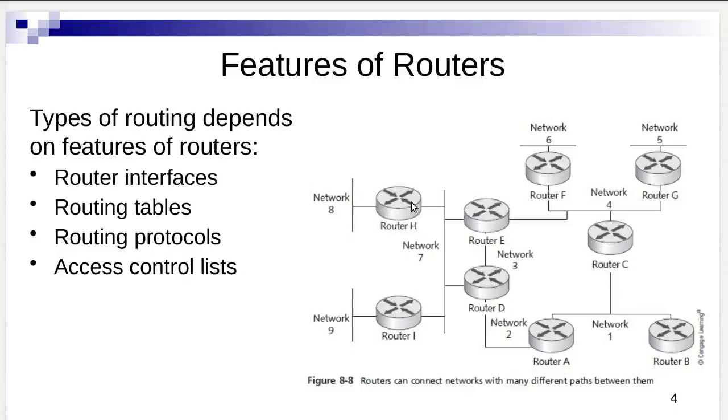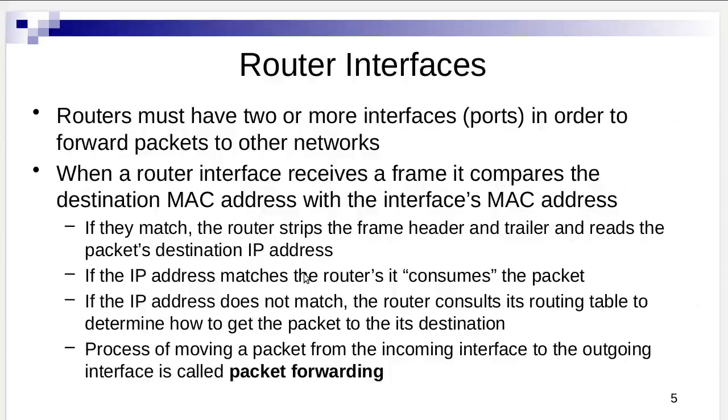If packets come from a certain list of source IP addresses, I'm not going to let those packets into, let's say, network 8, for example. So you can set up all kinds of features. We're only going to really talk about mainly interfaces and tables, not so much the actual routing protocols.